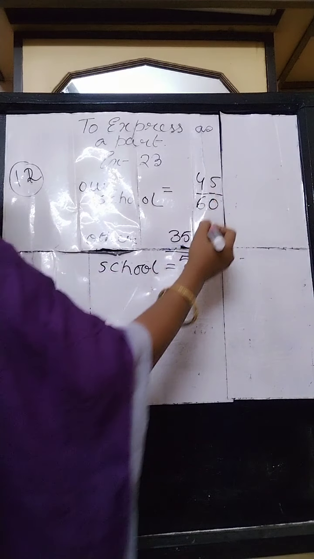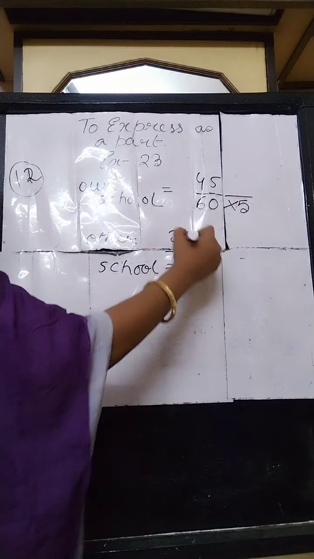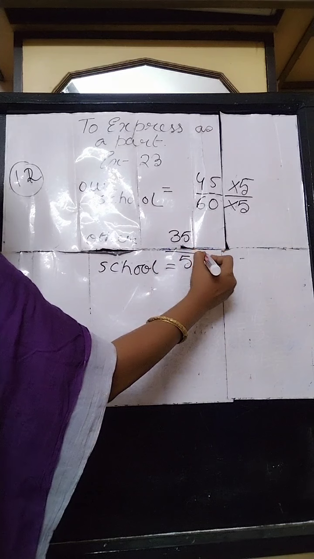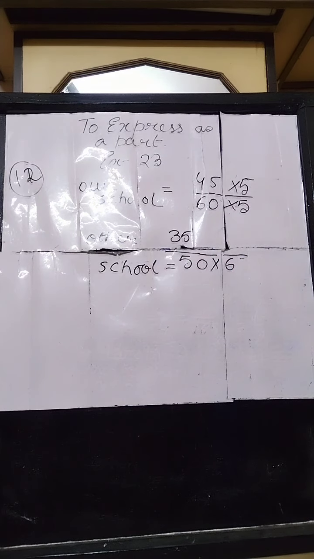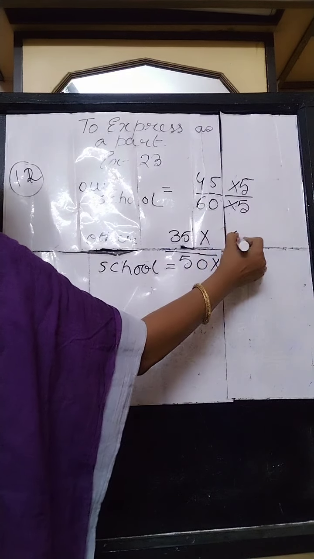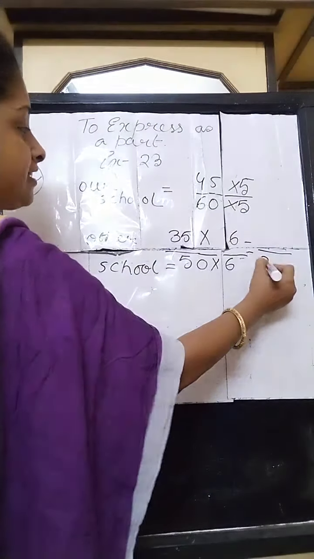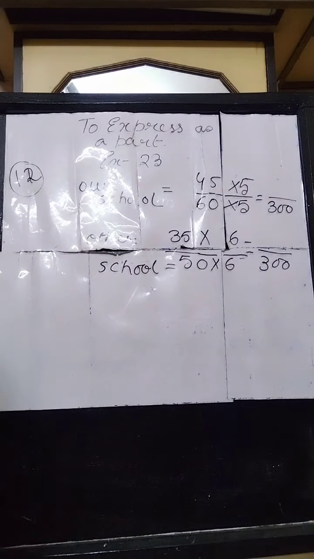We will try to make the denominator 300. So 60 into 5 is 300. So 45 also we will multiply with 5. In case of the other school, 50 into 6 is what we have to multiply in order to get 300. So 35 also we have to multiply with 6. So ultimately we are getting 300 as the denominator in both cases, so that we can compare the attendance of the two schools.